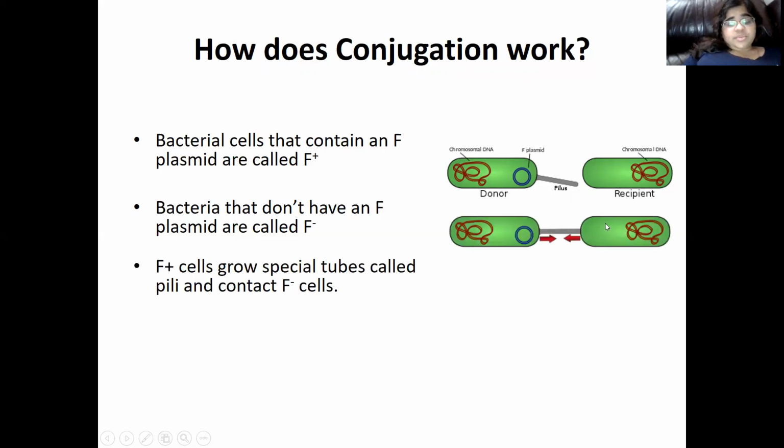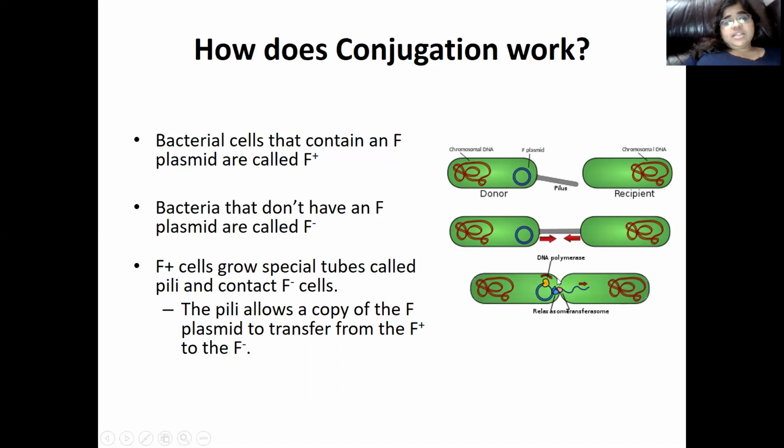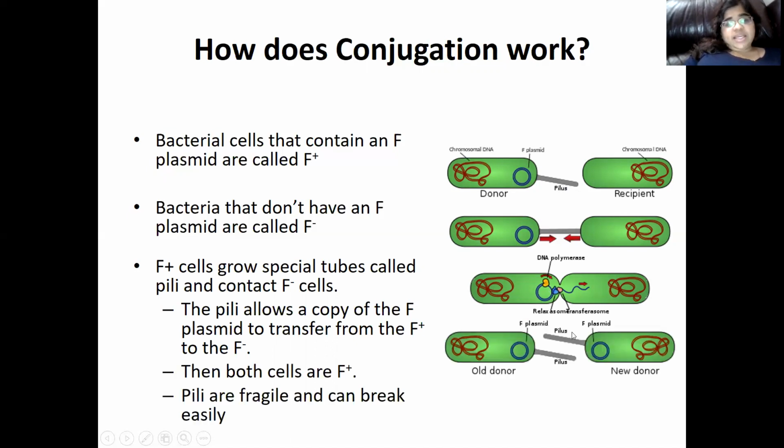So the next thing is that the F positive ones have something called a pilus. And this pilus comes and attaches itself to the recipient cell, and this pilus actually lets them come together, and it transfers that DNA, the F plasmid, into it, and then it becomes a new donor.